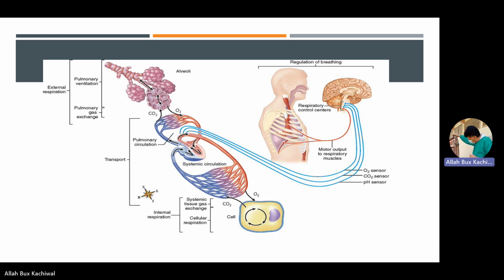It travels through arteries, the inferior vena cava and superior vena cava, and the aorta, to the capillaries and then reaches the cells where it is metabolized, and the carbon dioxide produced in this exchange is carried out by the veins to the left side of the heart, and then it travels to the lungs.